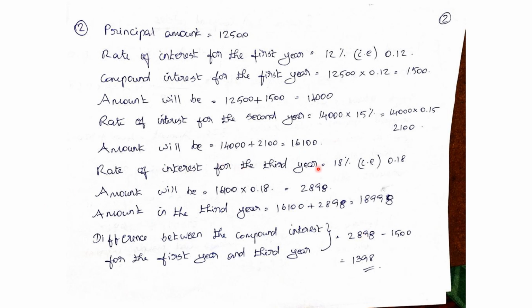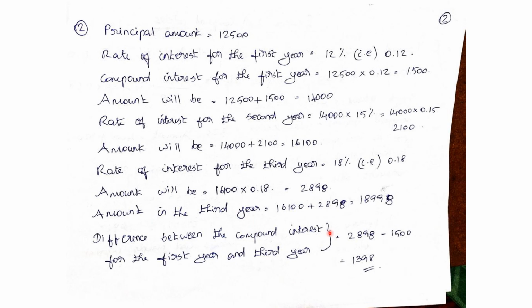Rate of interest for the third year is 18%. Now we need to calculate the interest for the third year. The amount we got here, 16,100, we will take as the principal amount. So 16,100 into 0.18 is equal to 2,898.